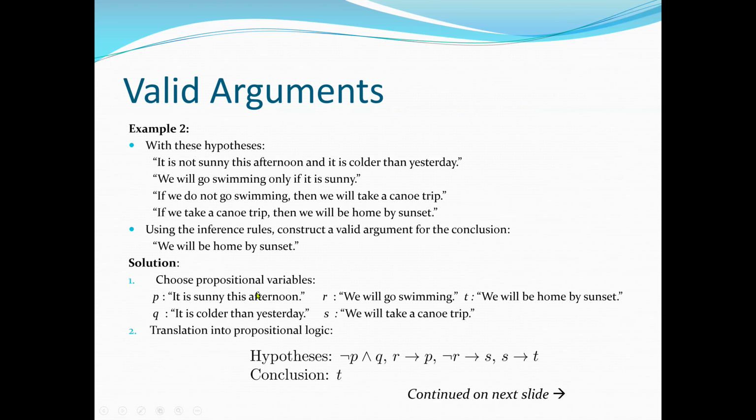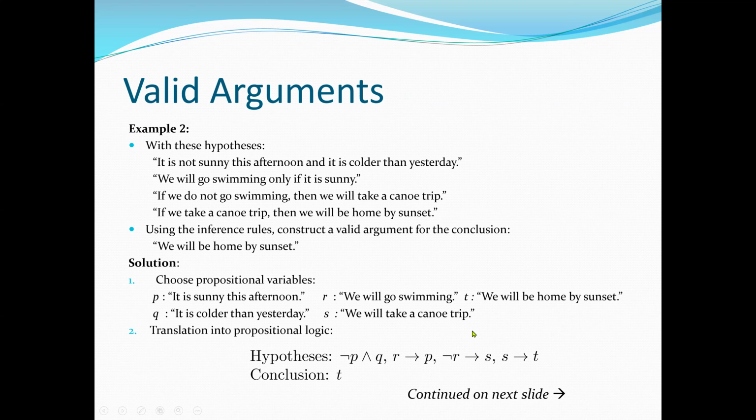So here we say choosing the propositional variables, we can use P. So P means it is sunny this afternoon. Q means it's colder than yesterday. R means we will go swimming. And S means we will take a canoe trip. T means we will be home by sunset.